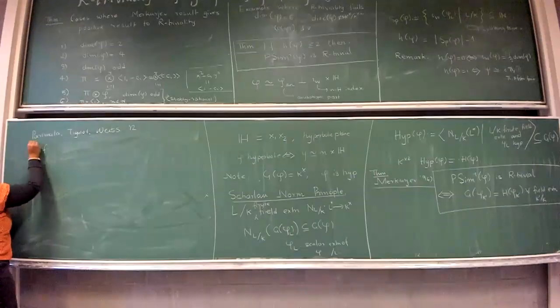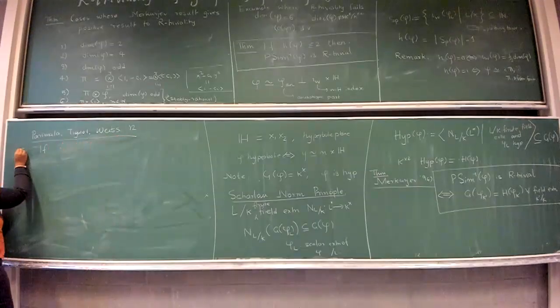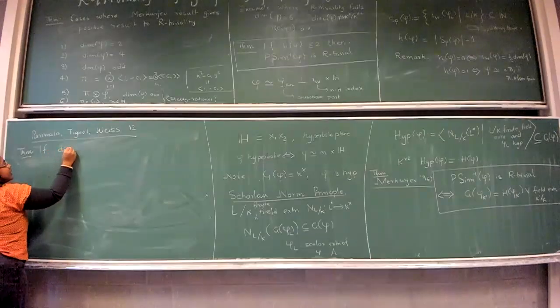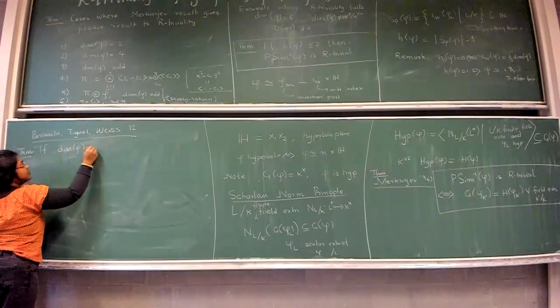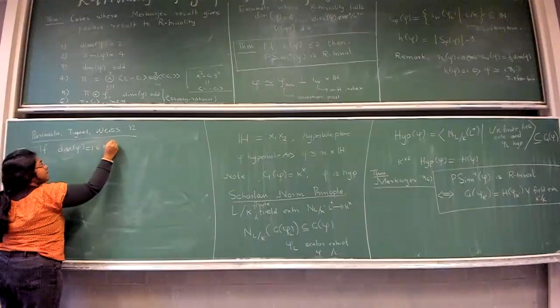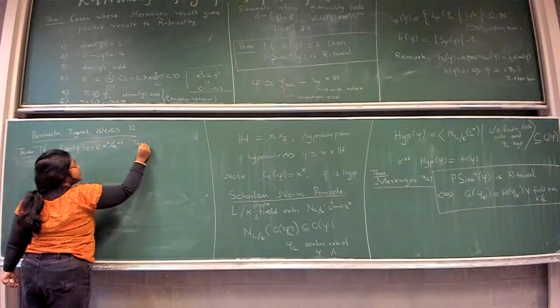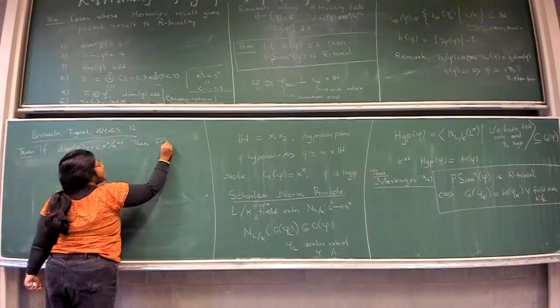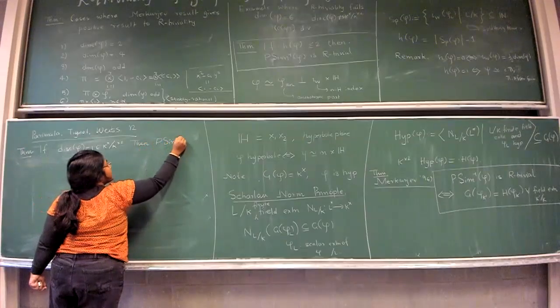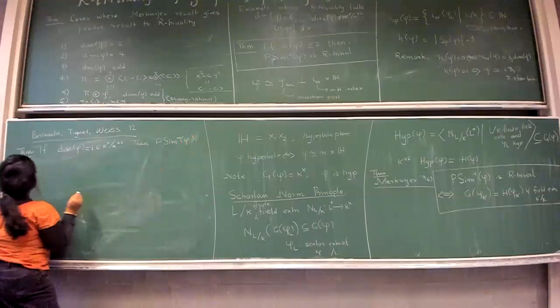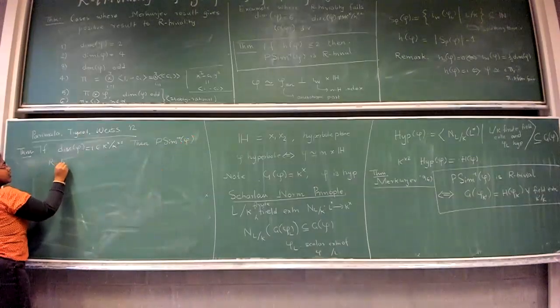If the discriminant is trivial, then R-trivial.